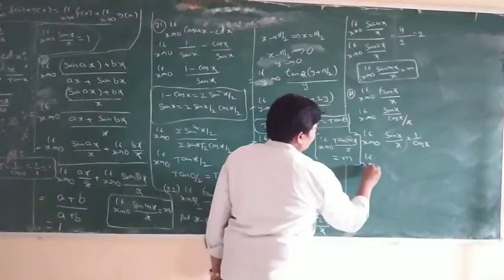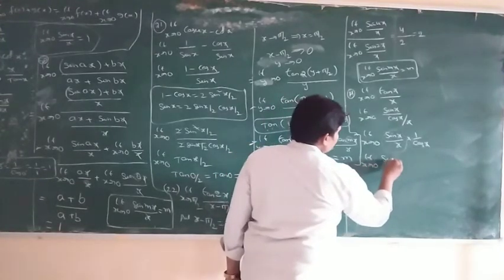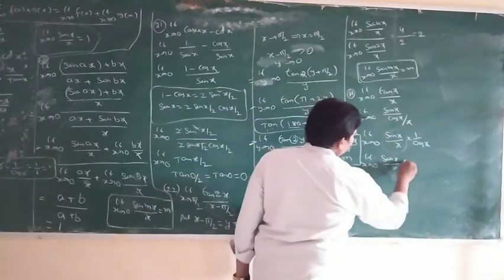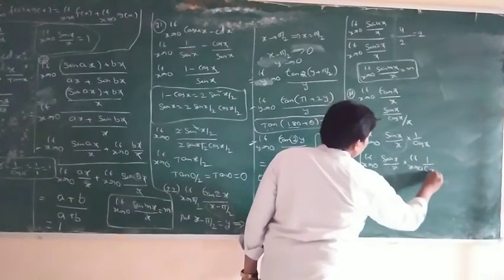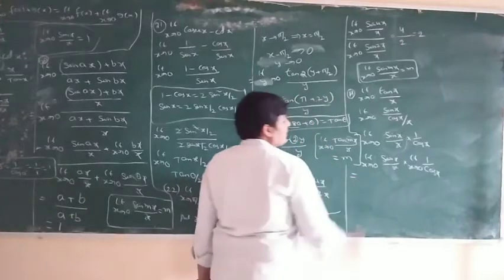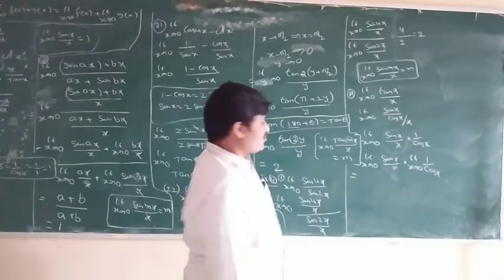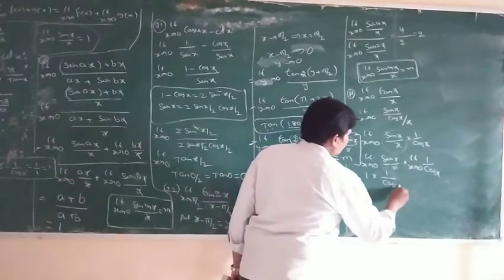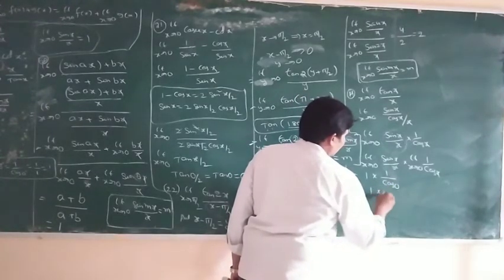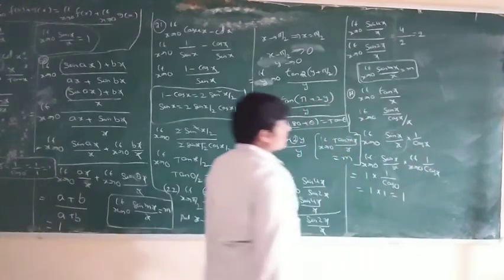So limit x tends to 0, sin x by x into limit x tends to 0, 1 by cos x. Limit sin x by x is equal to 1, into 1 by cos 0. So that is equal to 1 into 1, equal to 1. So that answer is 1.